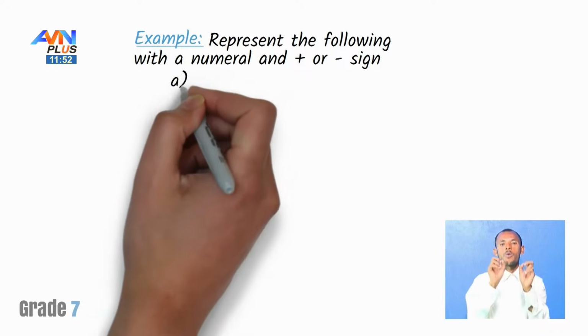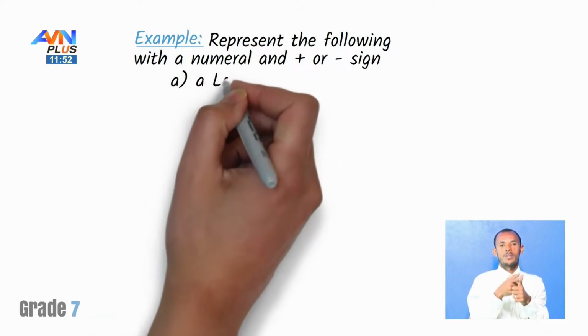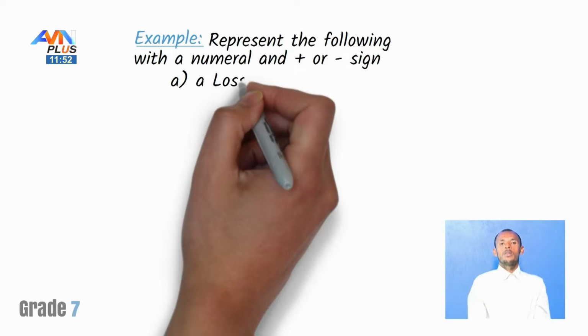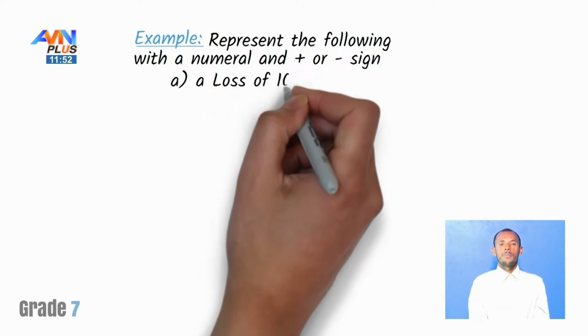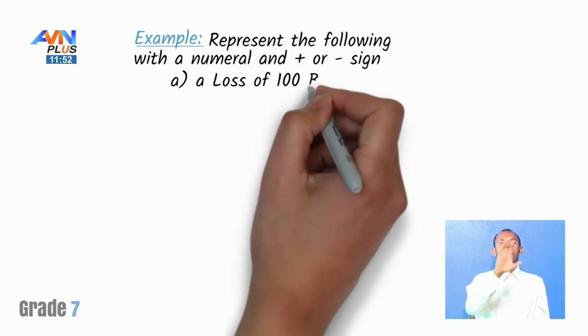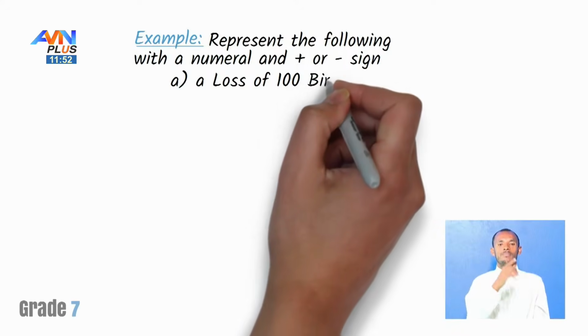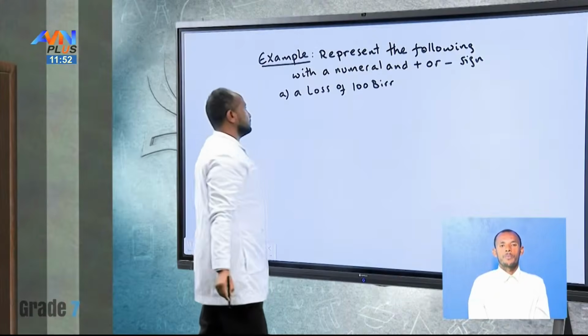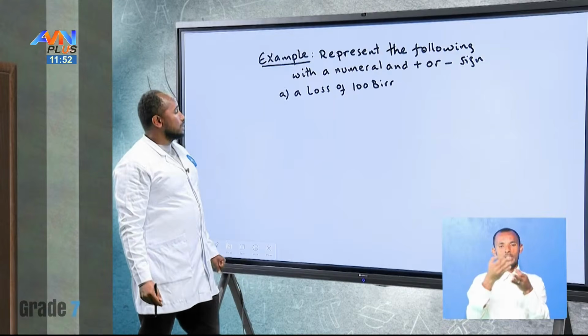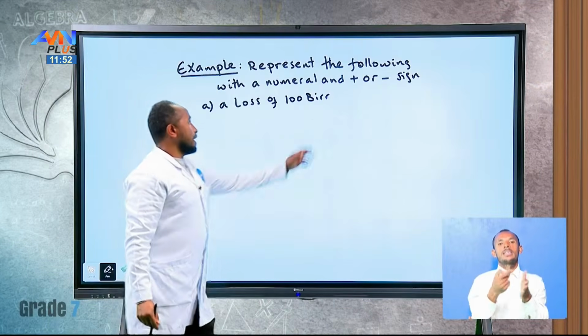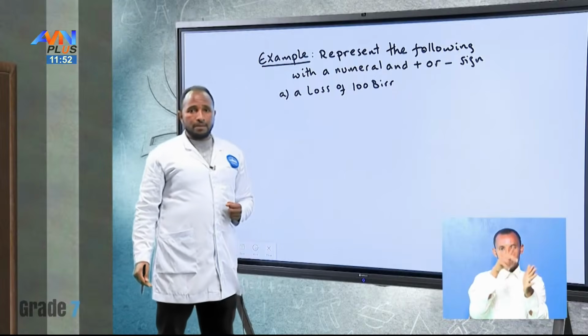Okay, the first one, a loss of 100 birr. How do you describe this? Using a sign plus or minus together with a number.